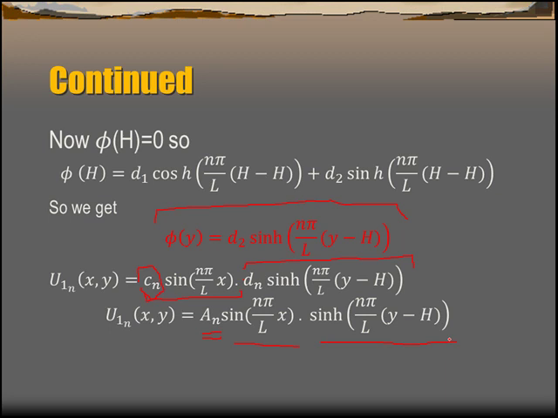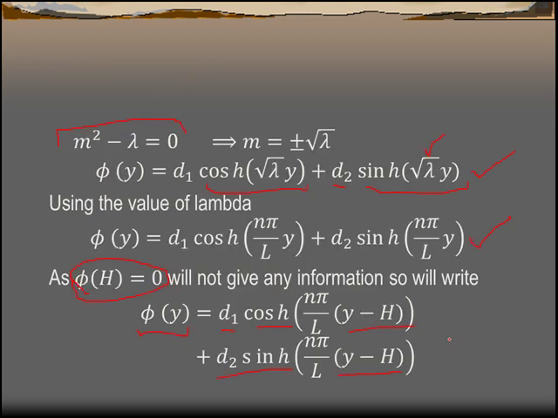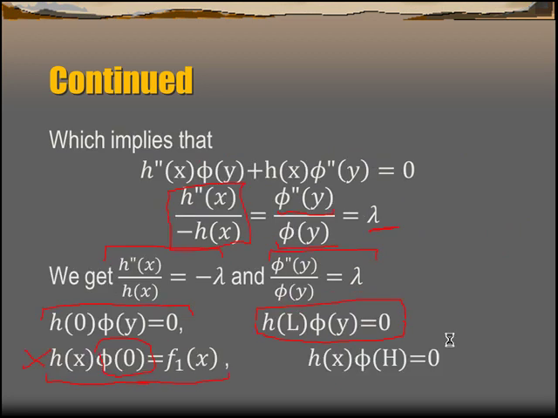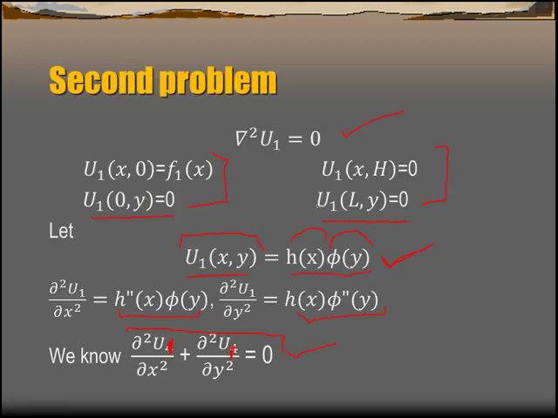This is basically infinite families of solutions. For n is equal to 1, this is also a solution to the problem. For n is equal to 2, this is also a solution to the problem. And the special thing in this solution is that it satisfies this partial differential equation and all the zero boundary conditions.